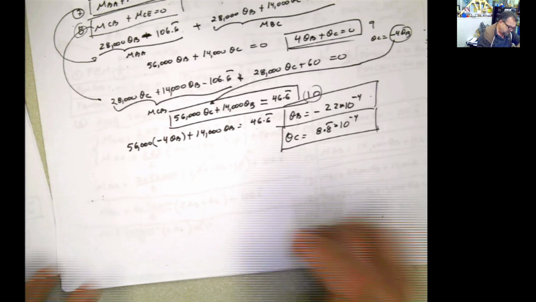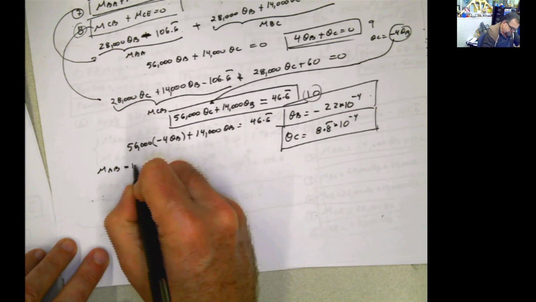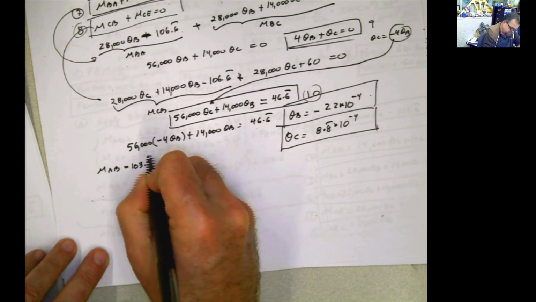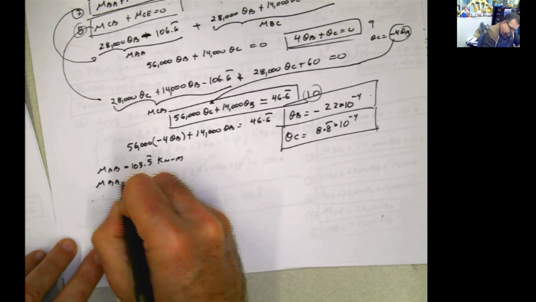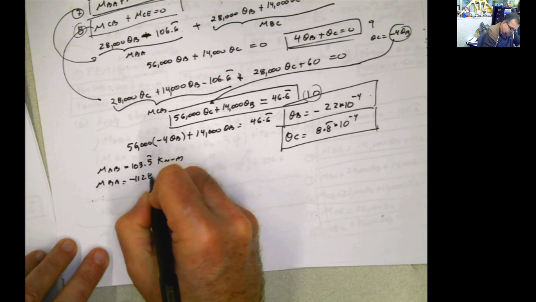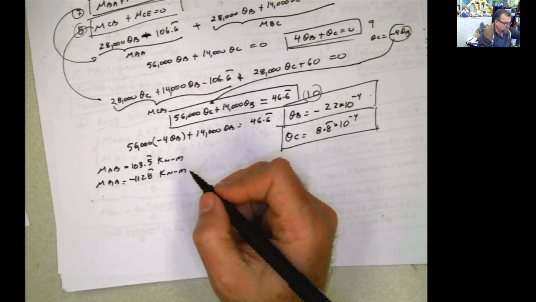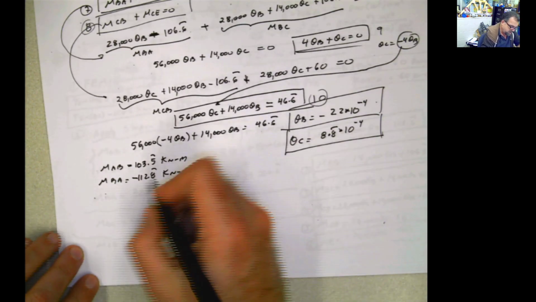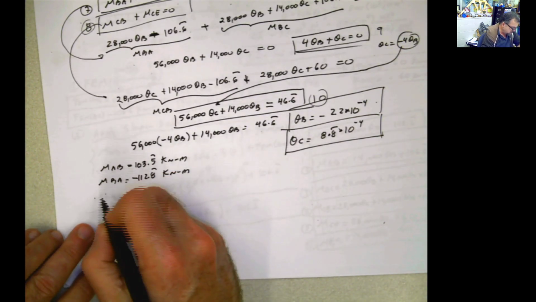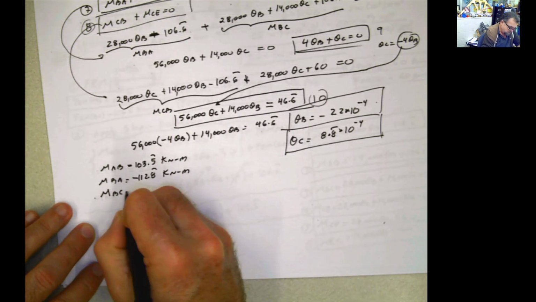I'm just going to put the values here that I got. MBA negative 112.8 kilonewton meter, and I'm not going through all of them in detail because I don't want to spend so much video time doing this, and you can just stop the video and practice, which doesn't hurt you.